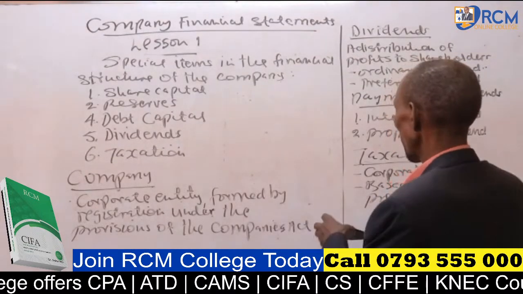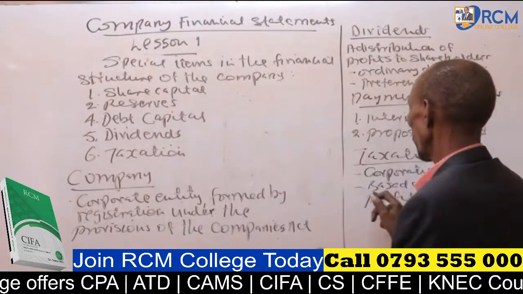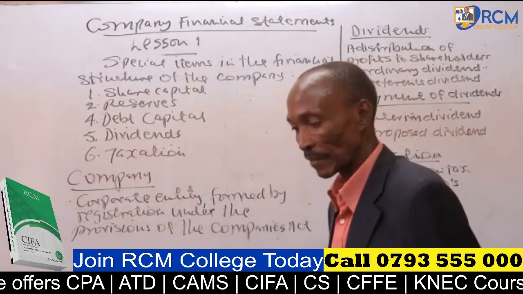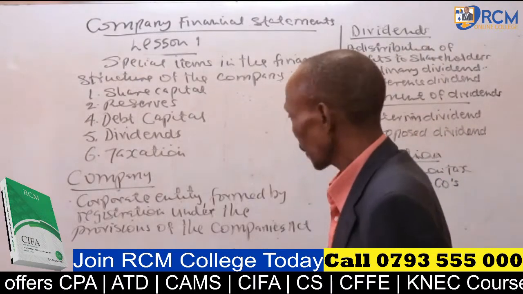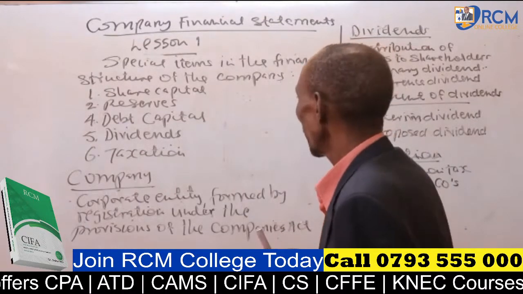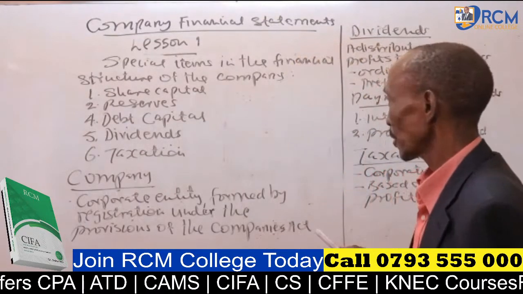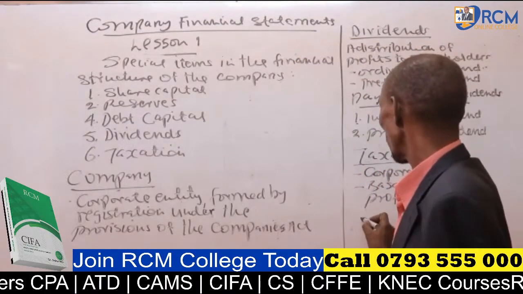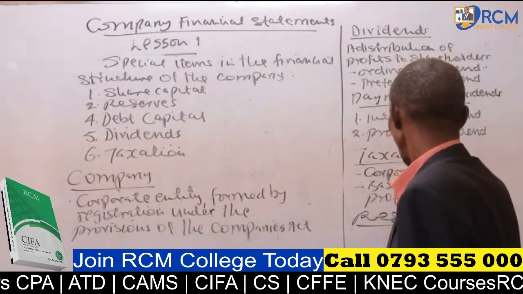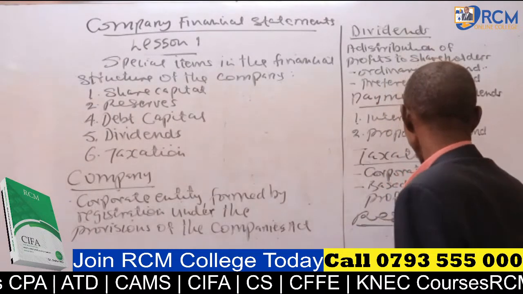So after we have calculated the profit, we say profit before tax minus taxation equals profit after tax. These are some of the important items. Now, as concerns reserves, I may need to make some small clarification here about reserves.